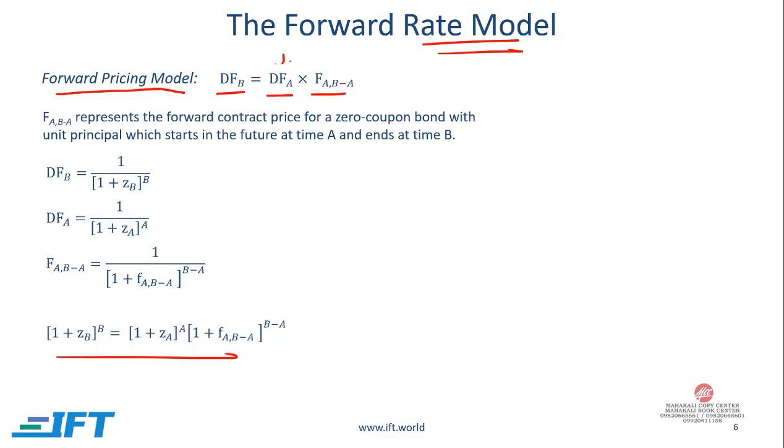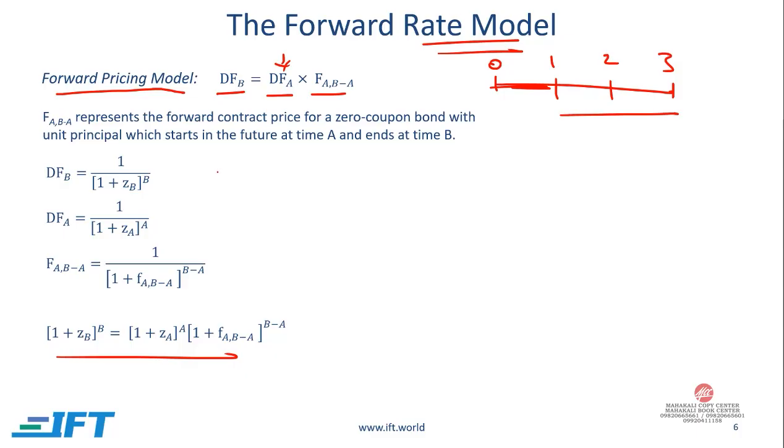Similarly, we'll take this discount factor and express it in terms of the spot rate, and then the forward price will be expressed in terms of the forward rate. And to make this even simpler, we will use the same numbers that we've used before. So we will take 3 periods, 0, 1, 2, 3, and we will use the 1-year spot rate and the 3-year spot rate and the 2-year forward rate.